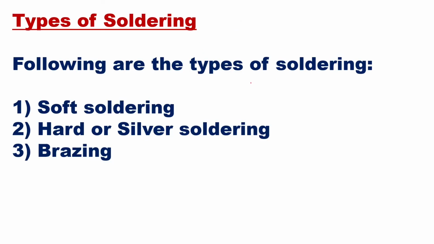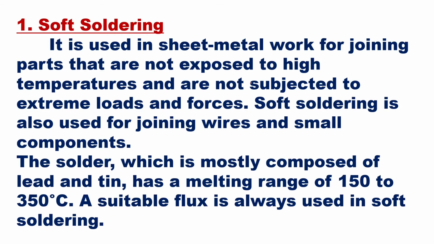Okay. Then we'll go to see what are the types of soldering. So in soldering, basically we have soft soldering and hard soldering, but here we can define them as three types. Number one is soft soldering, number two is hard soldering or silver soldering, and number three is brazing. So what is soft soldering?